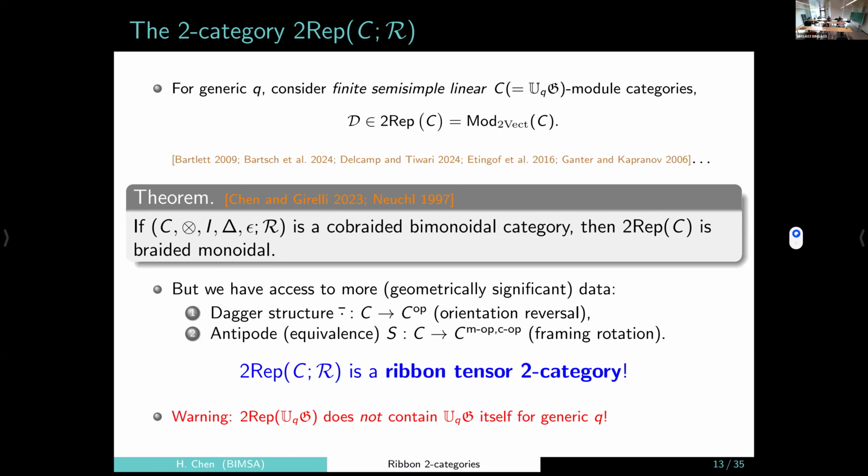This is a warning that says if you're really doing physics, if you're really doing Chern-Simons, then you have to be careful because C doesn't have to be in here. So what is the notion of regular representation?